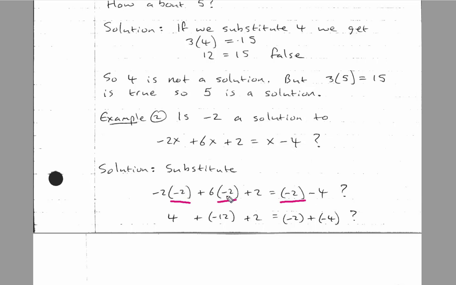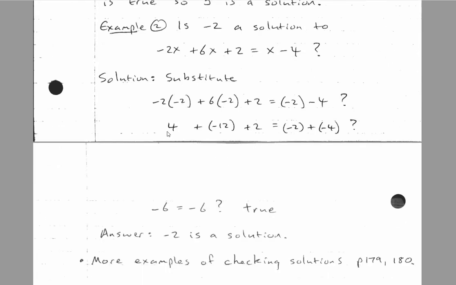Here we have 6 times negative 2, that's negative 12. And here, minus 4, I changed that to plus negative 4. Okay, so we're adding these signed numbers. 4 plus negative 12 is negative 8, and negative 8 plus 2 is negative 6.